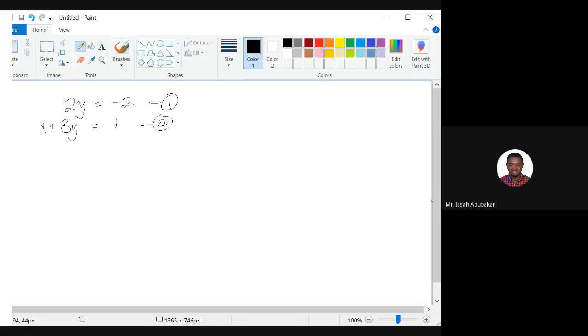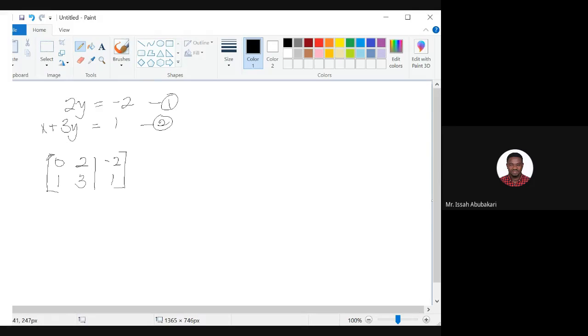Okay, so let's write the augmented matrix. The augmented matrix is going to be 0, 1, 2, and 3. Then we separate it with this line, and we write our constants minus 1, minus 2 and 1. Now we find the determinant of the 2 by 2 matrix.